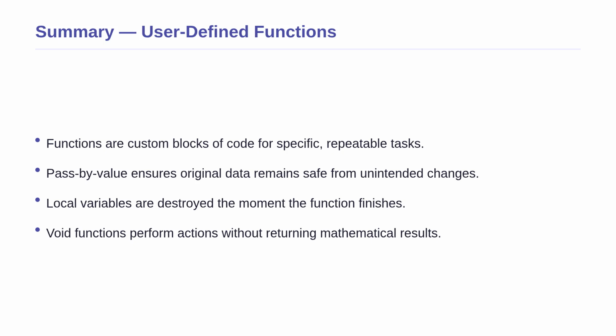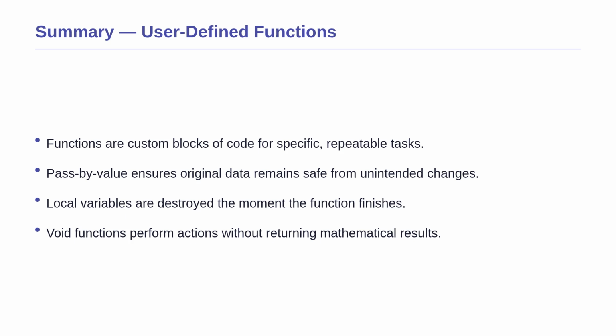First, user-defined functions act as specialized helpers to the main program, allowing us to break complex problems into manageable, reusable modules. Second, we learned that functions receive data as temporary photocopies through pass-by-value, which acts as a shield, ensuring your original data remains safe.